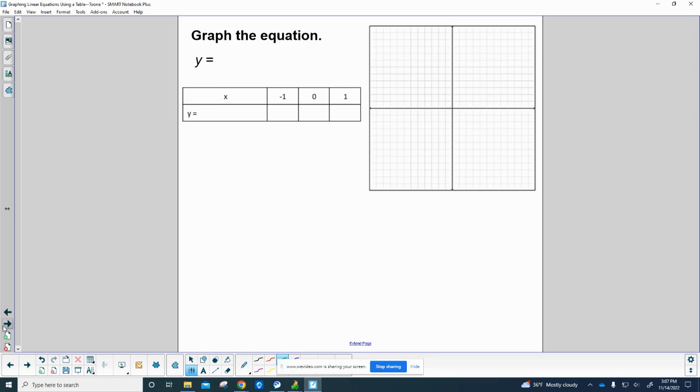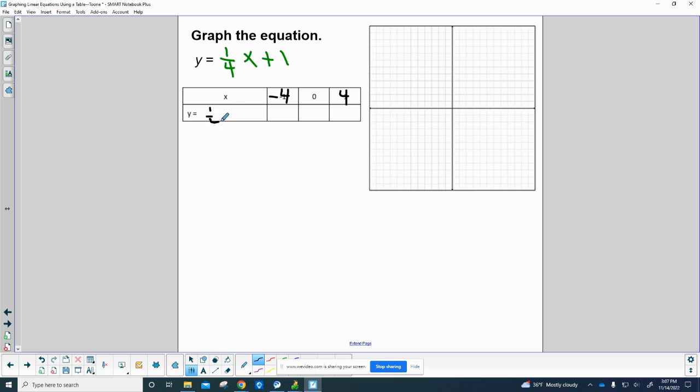We're going to do one more example. Let's say that we had the equation 1/4 x plus 1. So in that case, we're going to change our numbers that we have in here from negative 1 to negative 4. And this 1 over here, we're going to change that to positive 4. That way, when we multiply by 1/4, we'll get rid of the fraction.